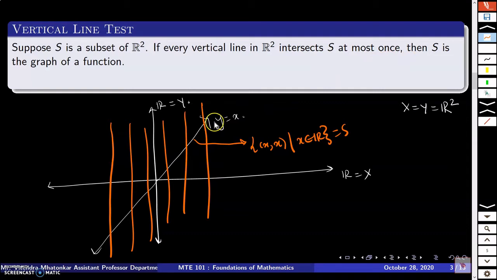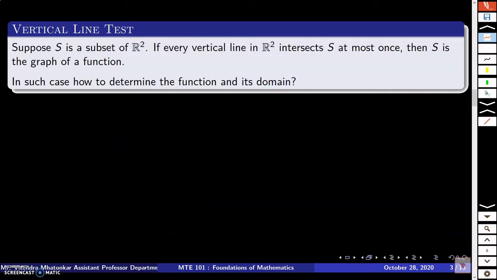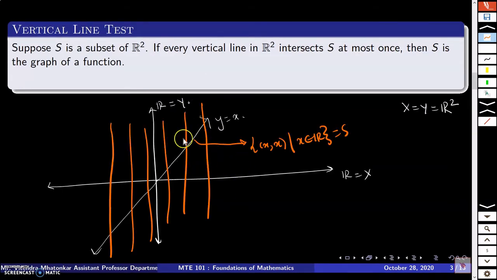So there will be a function which has this set as its graph. This line will be the graph of some function. Now, if you are able to make out from the vertical line test that there is a function whose graph is this set S, how do you determine that function? That is what we will see.